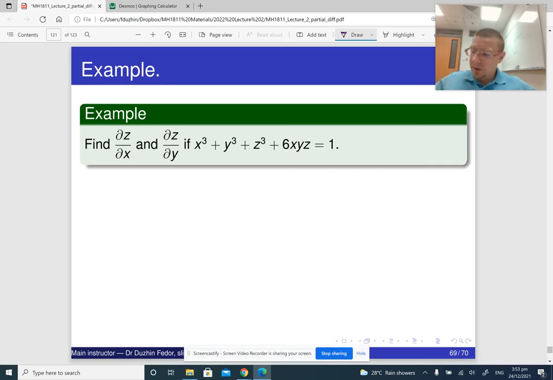So how can we apply this? Here is a specific example. It is fairly straightforward, so let me just do it. The derivative of z with respect to x is going to be minus f differentiated with respect to x, divided by f differentiated with respect to z. Okay, so this is my f.